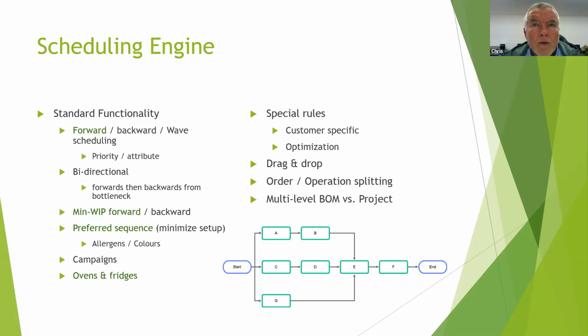Another one that we see quite often is in refurbishment or in clothes manufacturing or in low volume, let's say furniture manufacturing, I might have a production process that looks like this, call it a project chart. In standard ERP, I would have a production order for A and B, another production order for C and D, and then a production order for G. And then I would receive all these items into stock, and then I'd issue them to E, and I'd have another production order for E and F to the end.